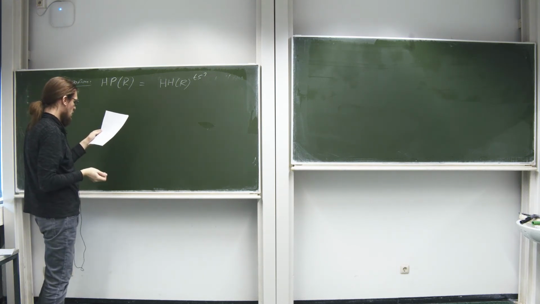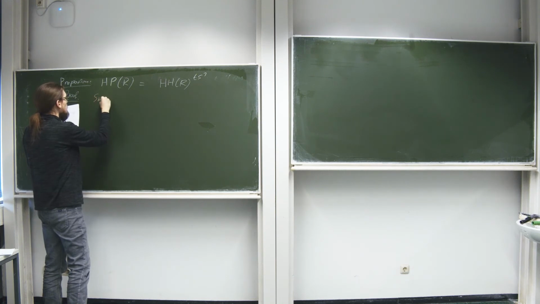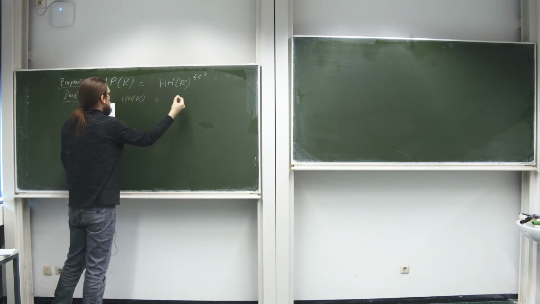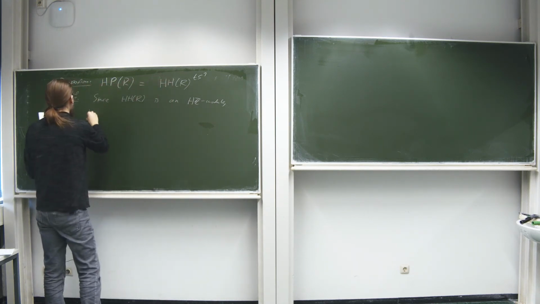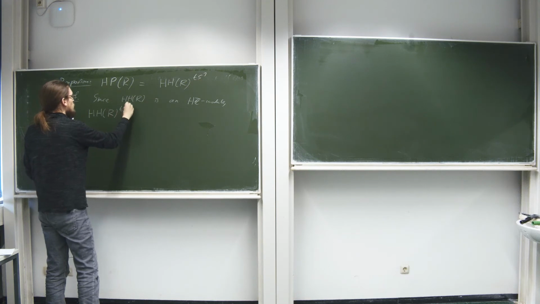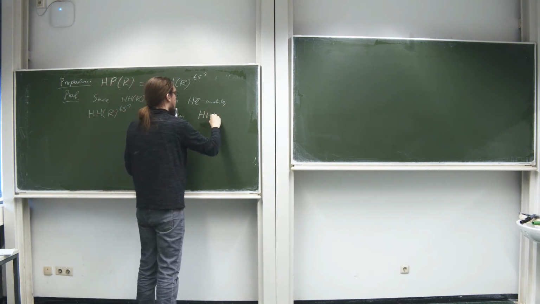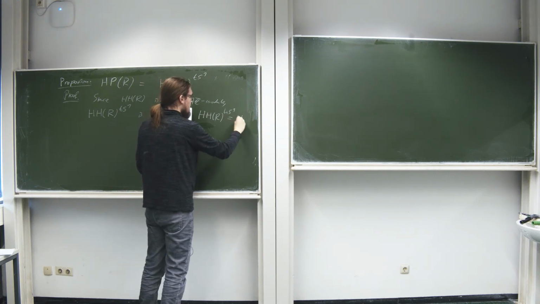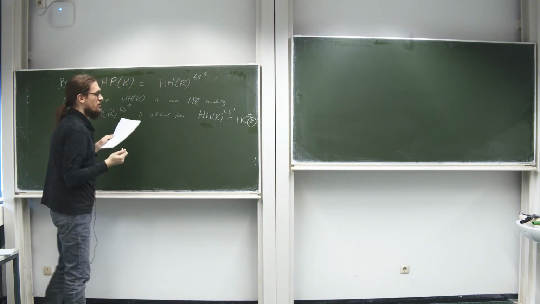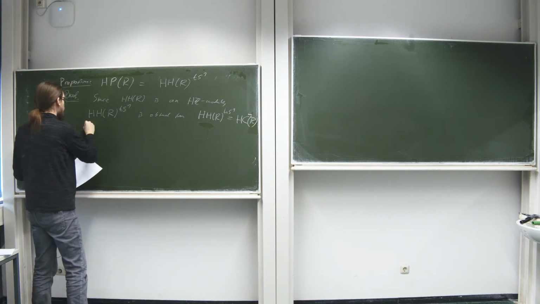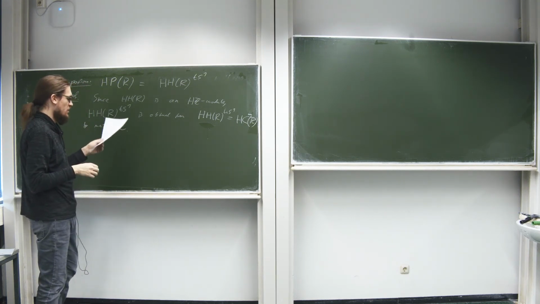And how's the proof? Well, since HH of R is equivariantly an HC module, HH of R Tate S1 is obtained from HH of R HS1, which was our definition, or which we in the negative cyclic homology video saw to coincide with negative cyclic homology, by inverting the element T. That's precisely the content of the previous lemma.